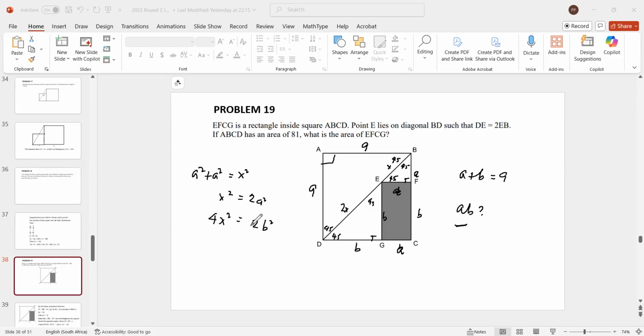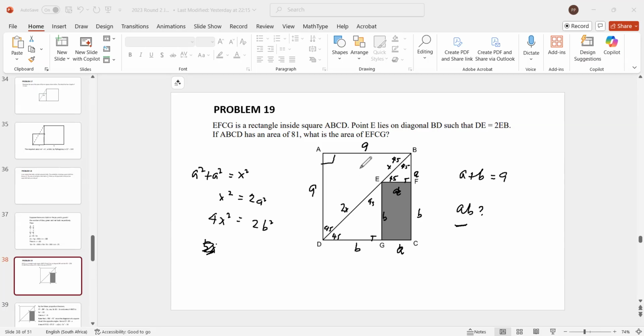Now you also have that 9x squared. Oh, I'm spending so much time over this. This whole diagonal is 3x, you see.